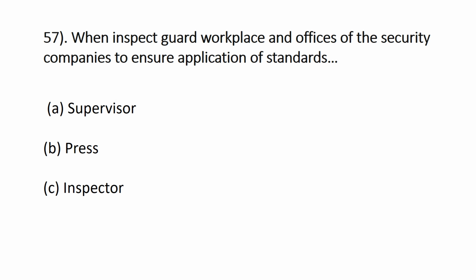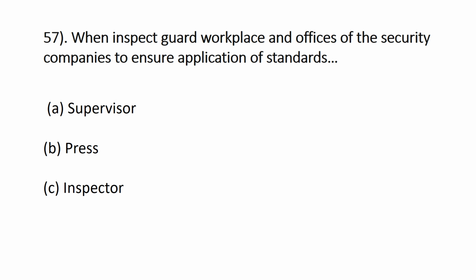Question number 57. Who inspects the guard's workplace and the office of the security company to ensure application of the standard? A, supervisor; B, press; C, inspector. We always get confused and say supervisor. That is not correct.